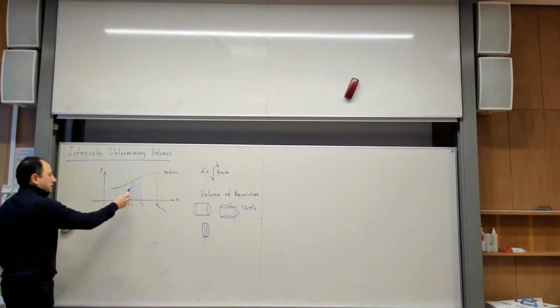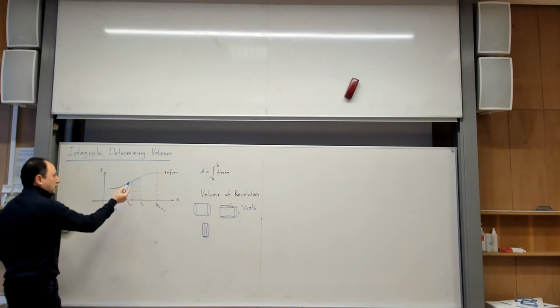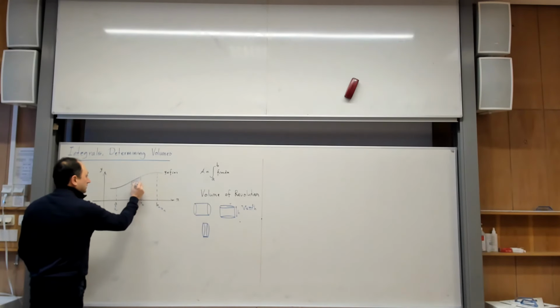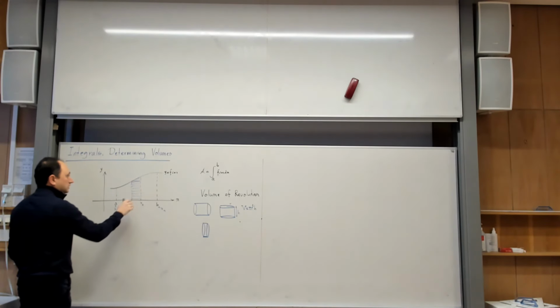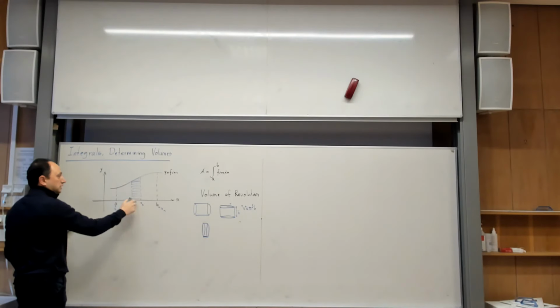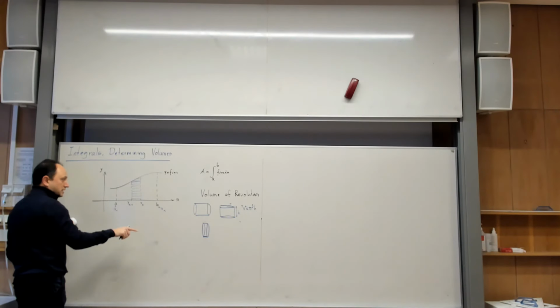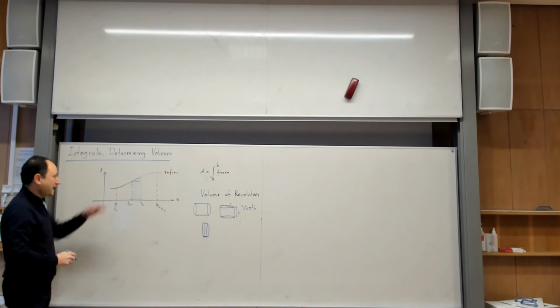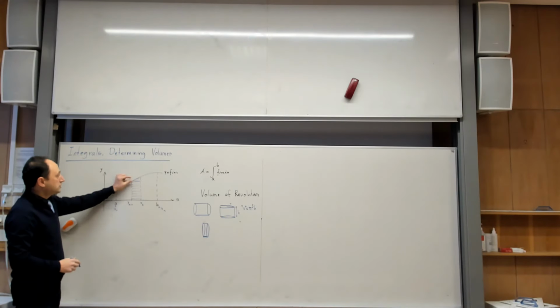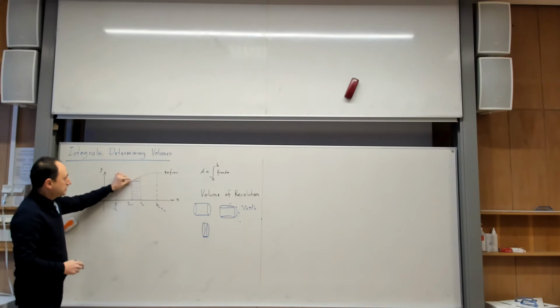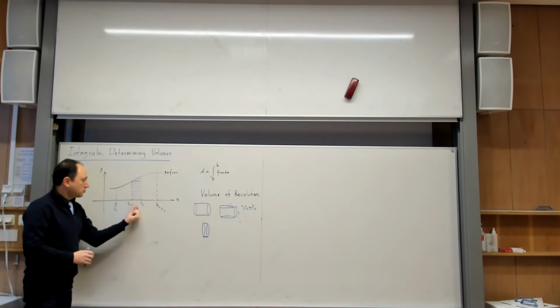Okay, so the point is that if I take this rectangle up to here, not the whole area, this definitely generates a cylinder, this rectangle only. Of course, this error should also be taken into account, but we cannot do that unless I make this smaller and smaller.